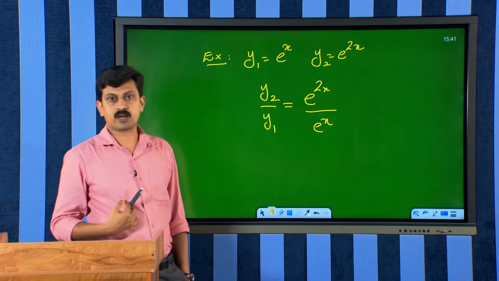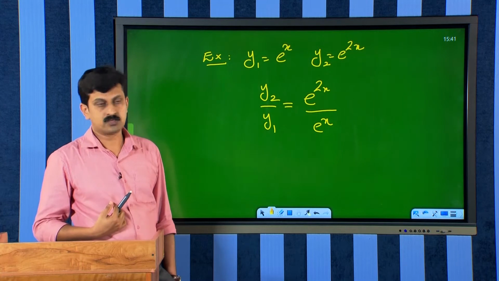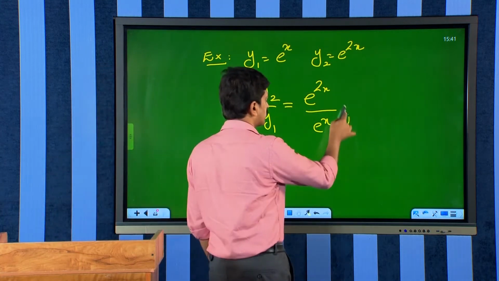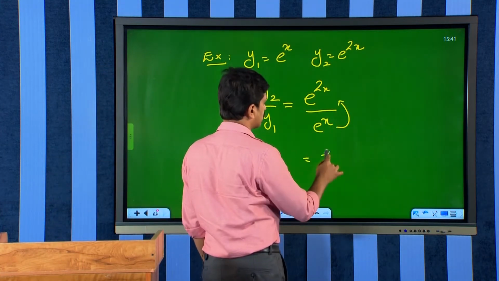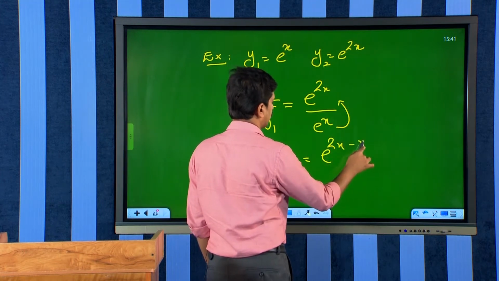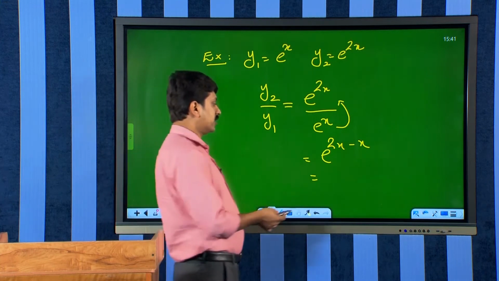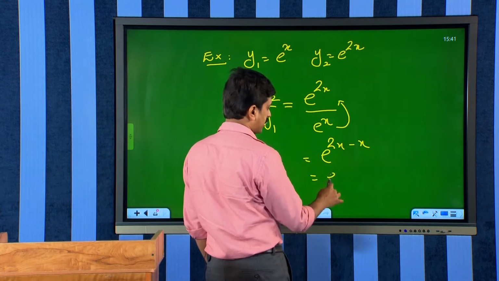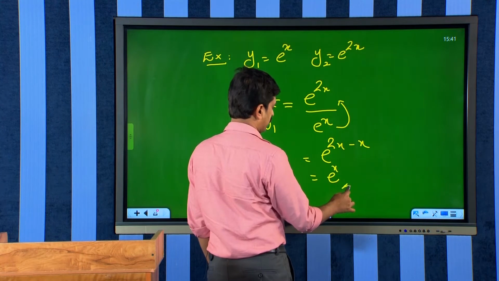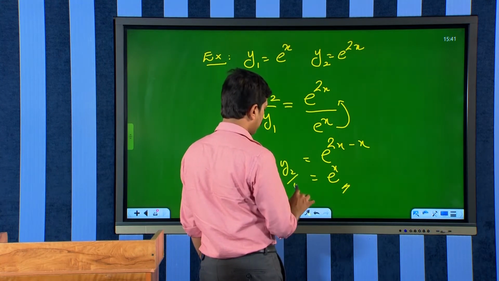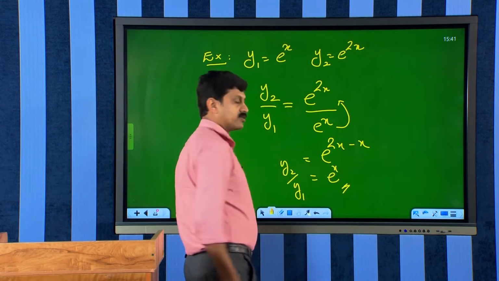We are unable to cancel this, so we write e raised to 2x minus x, that is e raised to x. So y2 divided by y1 is equal to e raised to x.